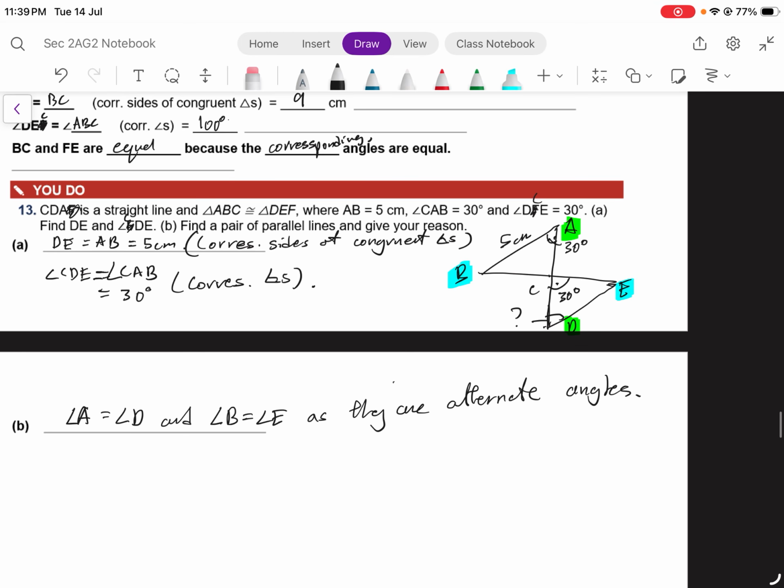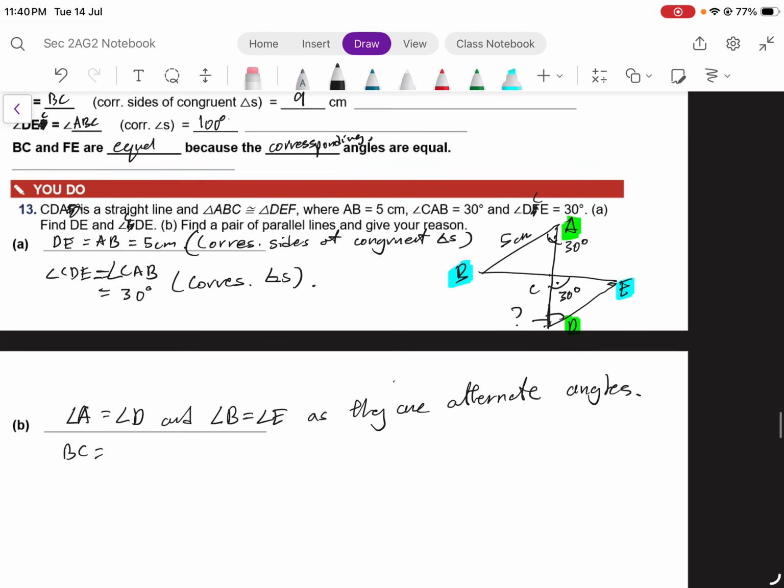Since they are congruent, BC equals to CE, AB equals to DE, and this one should be EC, right?